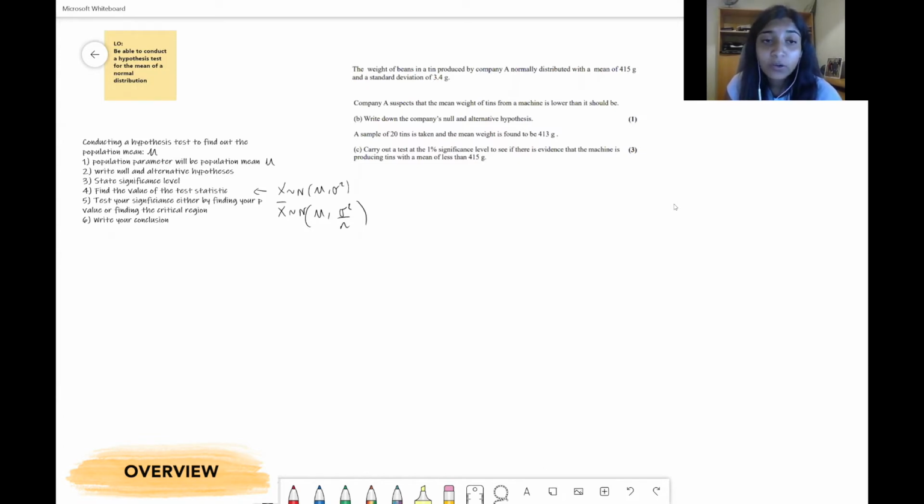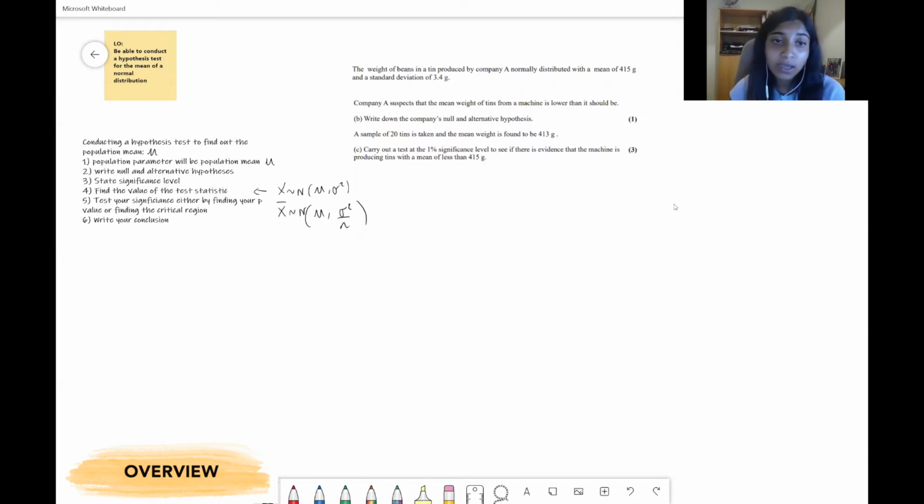If your standard variable X is normally distributed with mean and variance mu and sigma squared, then you could say that your sample mean, X bar, is normally distributed with parameters mu and sigma squared over n.